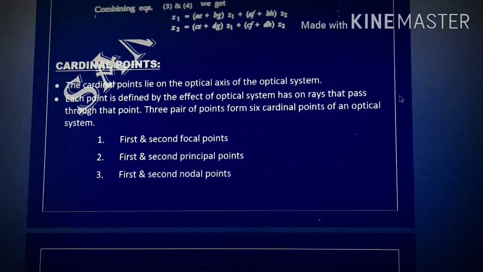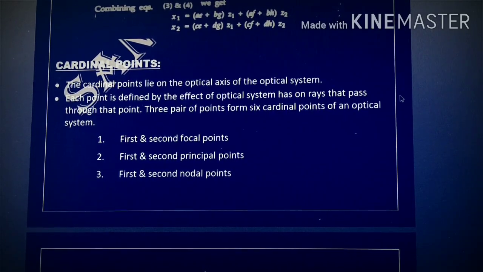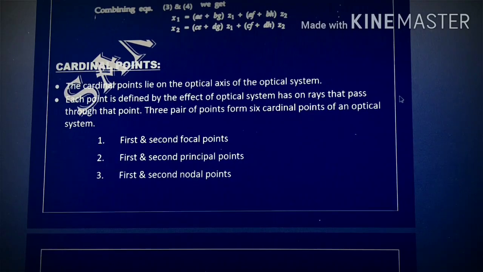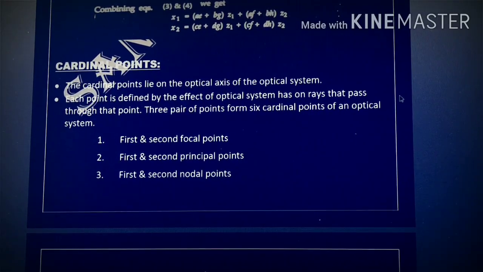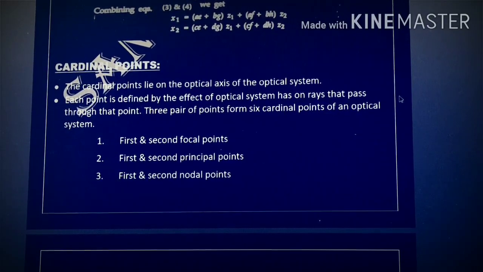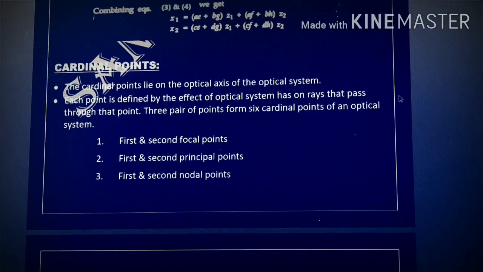Cardinal points lie on the optical axis of the optical system. Each point is defined by the effect the optical system has on rays that pass through that point.